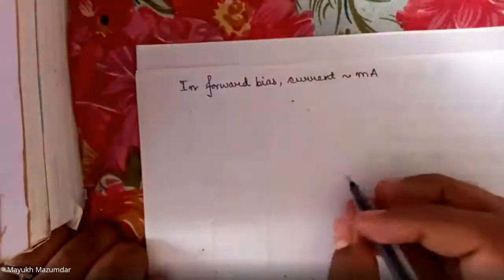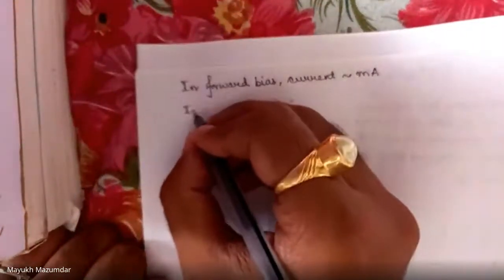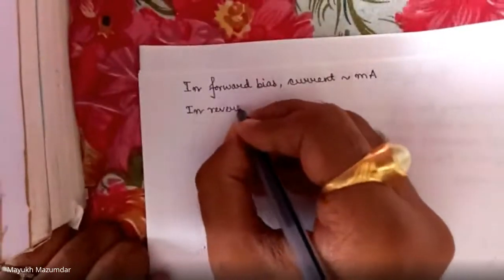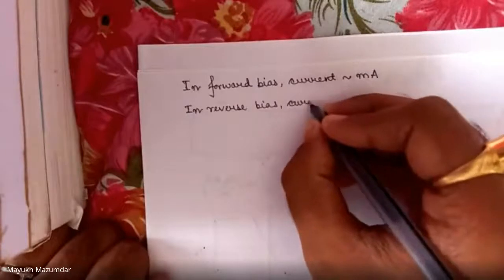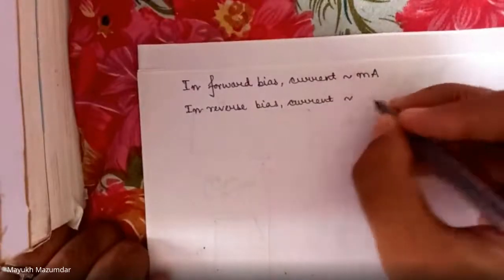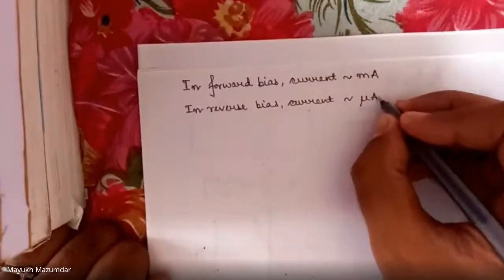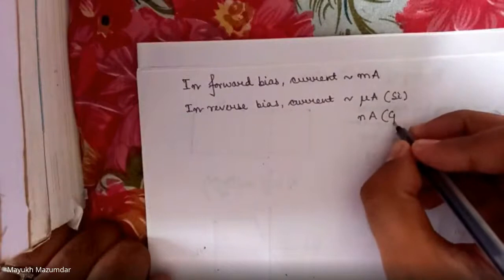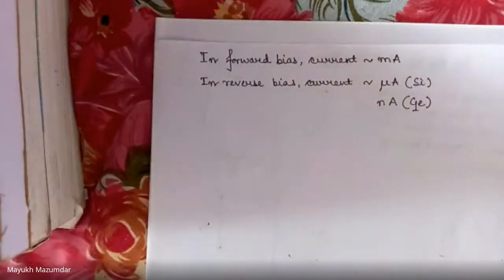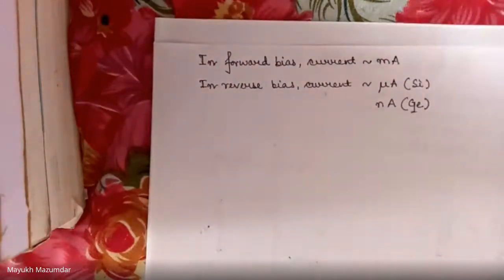And in reverse bias, the current is of the order of microampere if you are using a silicon semiconductor, and as low as nanoampere if you are using a germanium semiconductor.